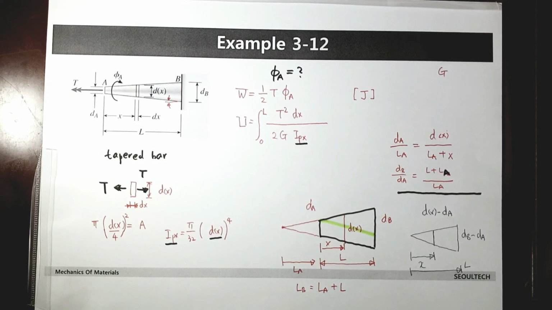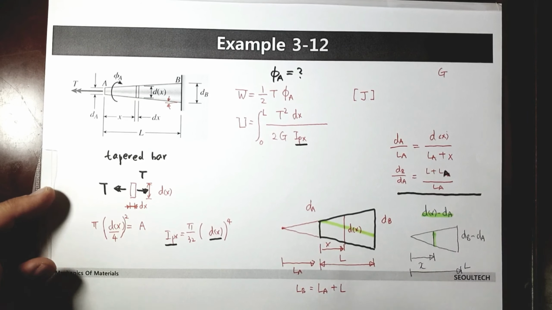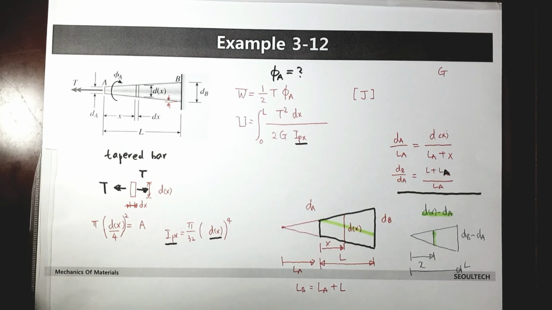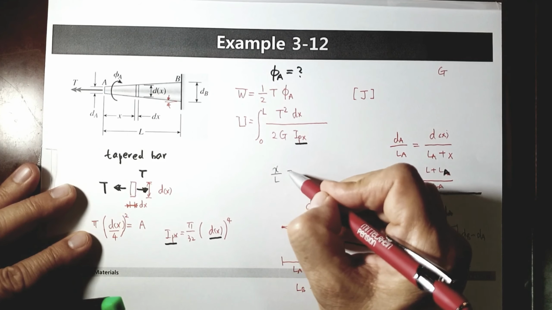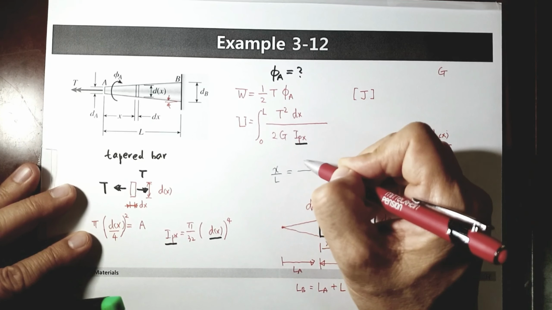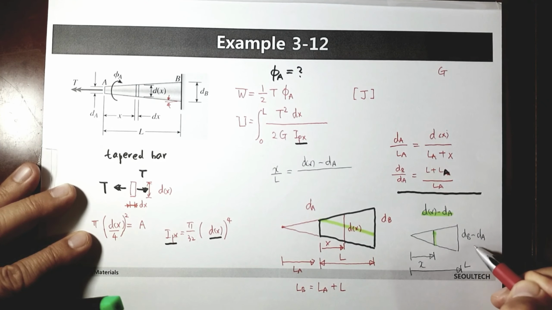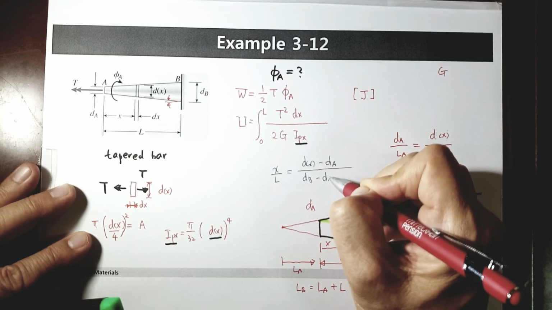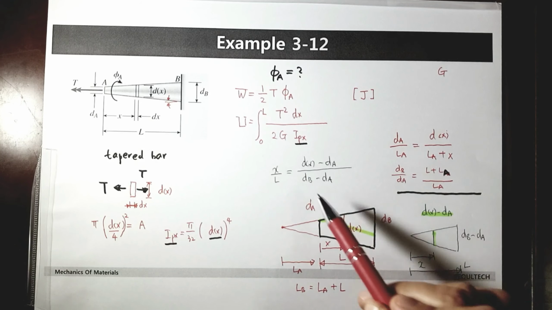This one is dx, this length. Okay. Then we can introduce x over L equals dx minus dA over dB minus dA.